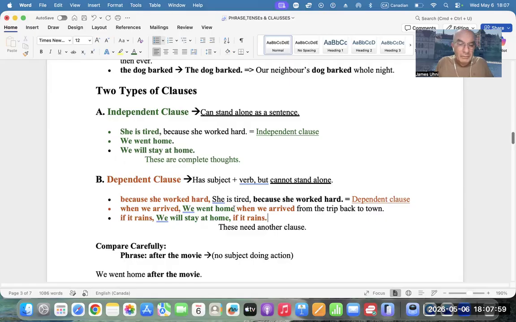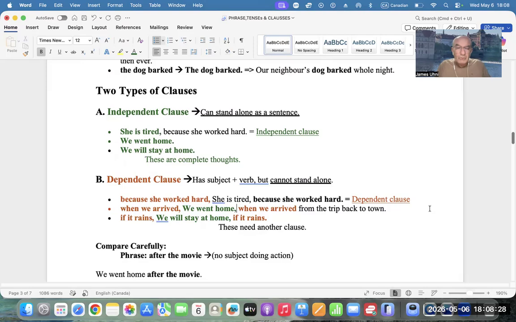But if I put a comma over here, we went home when we arrived. Now you can continue from the trip back to town, or you can make a full stop and continue. We were so tired from the trip because the train was crowded with people.